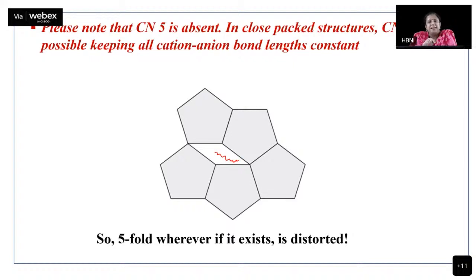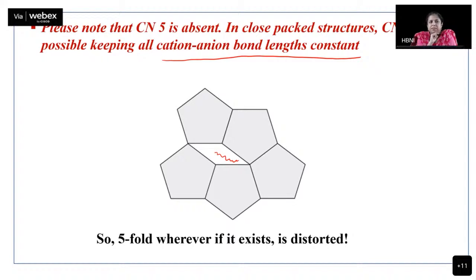Okay, that doesn't mean that your structure or your molecule cannot have a point symmetry of C5. It can have. I'm talking of the space symmetry. So given the condition, अगर आप cation anion के bond different कर दोगे तब possible है कुछ भी symmetry. But given the condition that all your cation and anion bond lengths are constant, you cannot have a coordination number of 5 in a close packed structure.